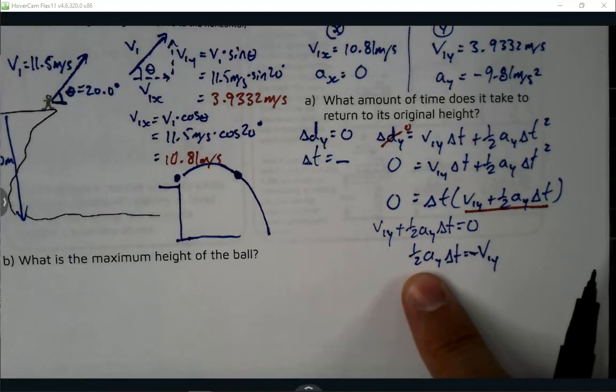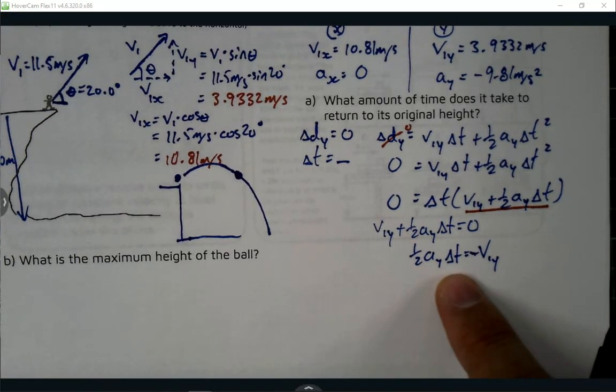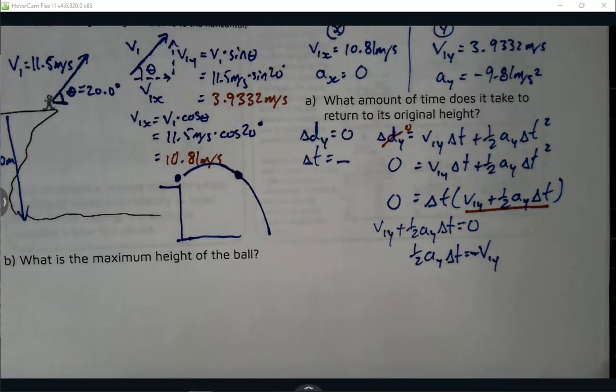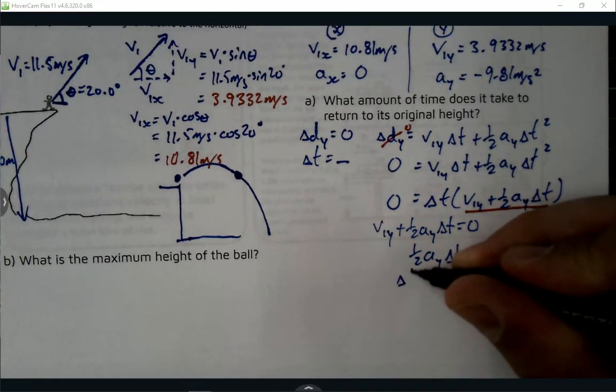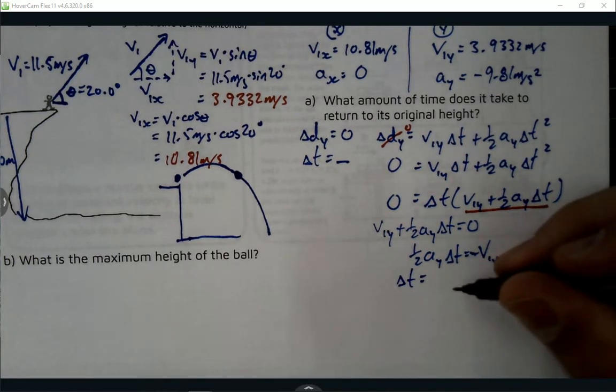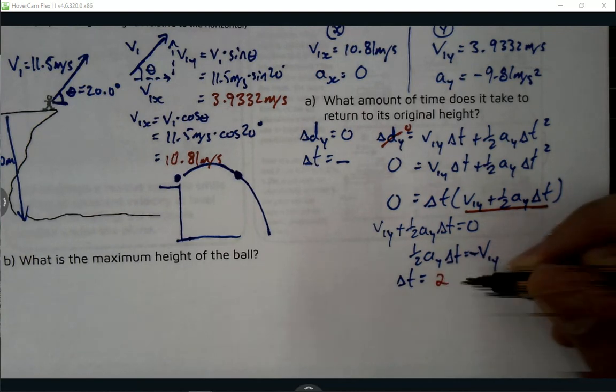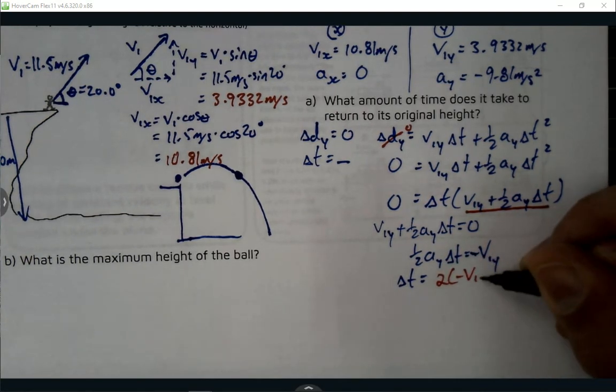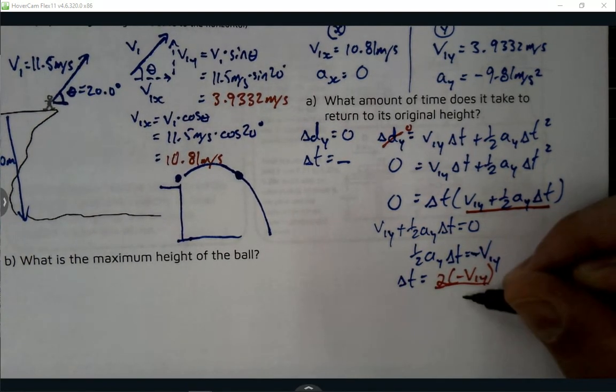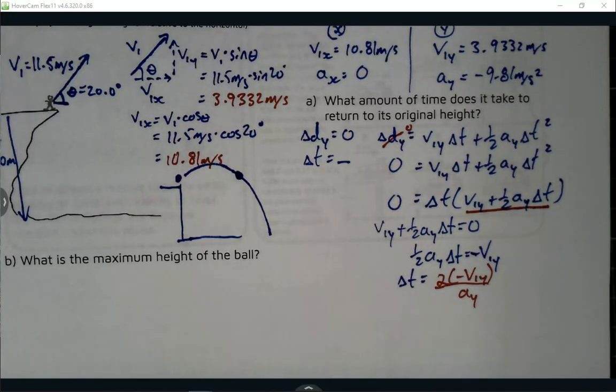I can multiply both sides by 2 and divide both sides by delta t. I'm going to do both of those steps in one go, and I'm going to say that means that delta t is going to be equal to 2 times that negative v1y divided by the ay. And I'm ready to just sub in some values.